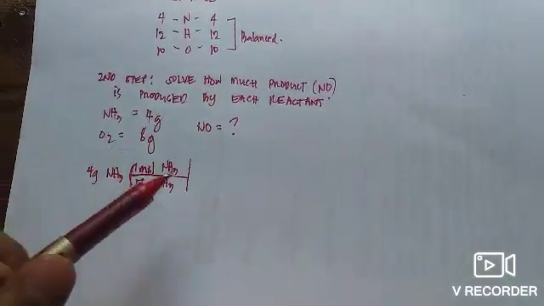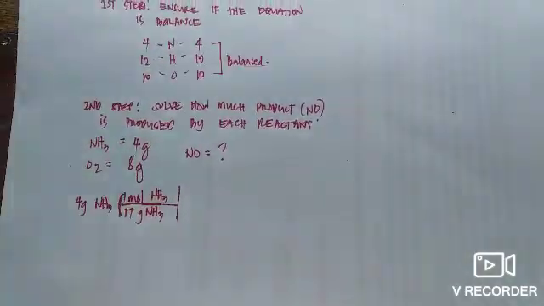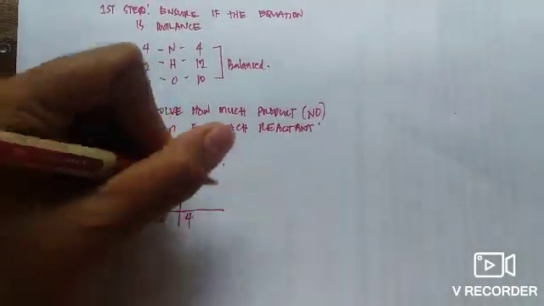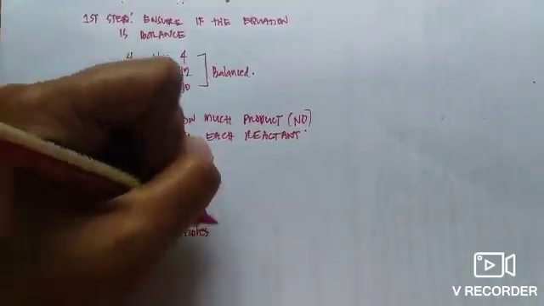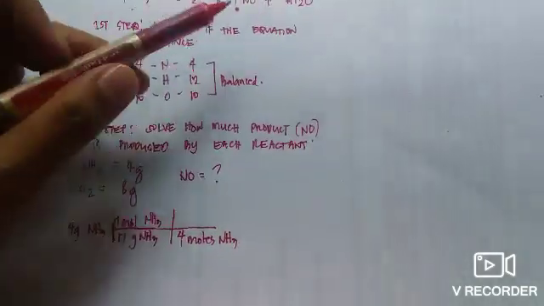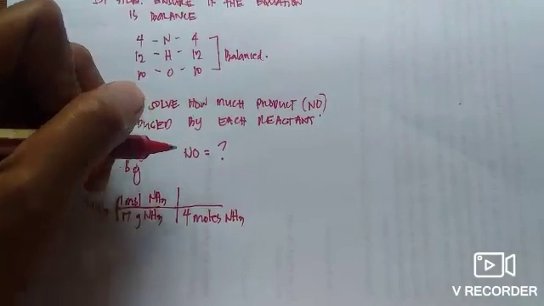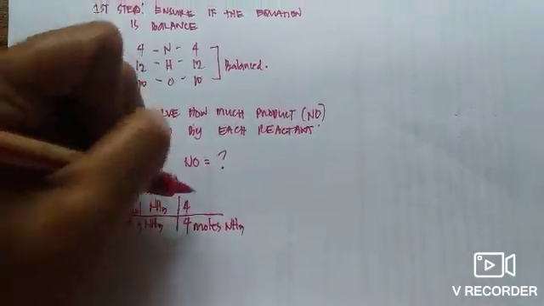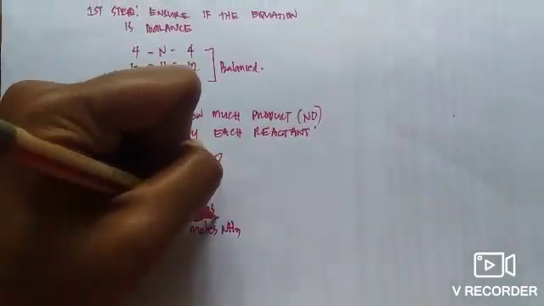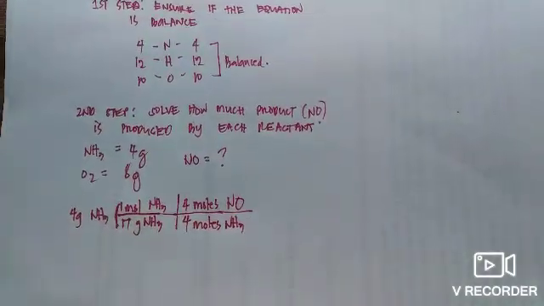So go back to the equation. How many moles we have? We have 4 moles of NH3 to how many moles of nitrogen monoxide? We have 4 moles of nitrogen monoxide.